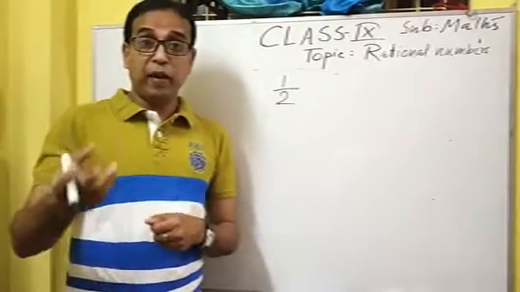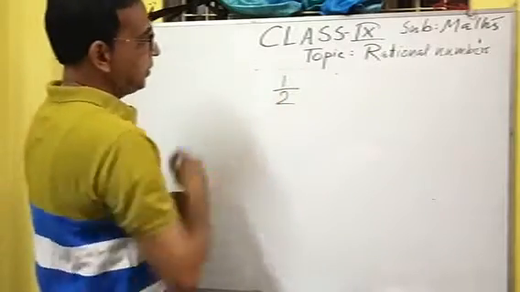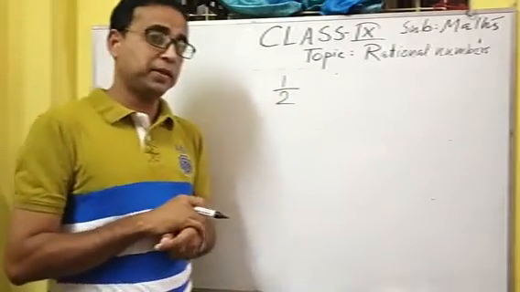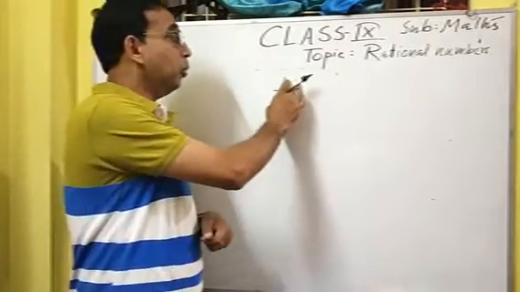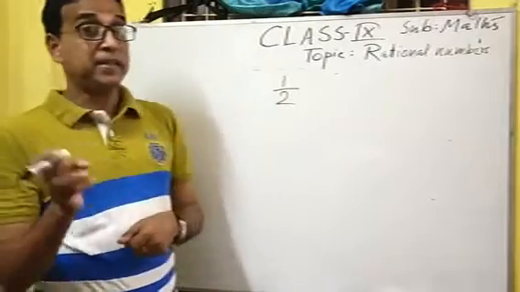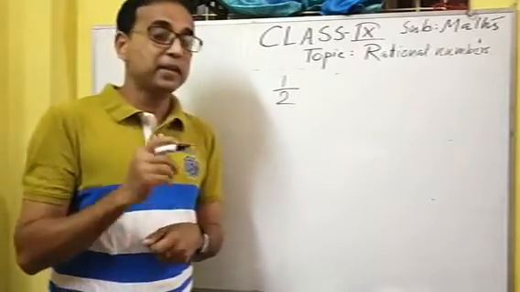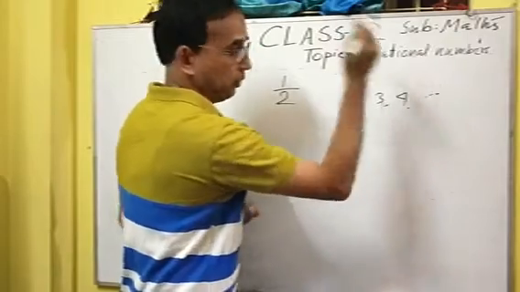How can I find it? To find equivalent rational numbers, we have to multiply both the numerator and denominator by the same numbers like 2, 3, 4, and so on.